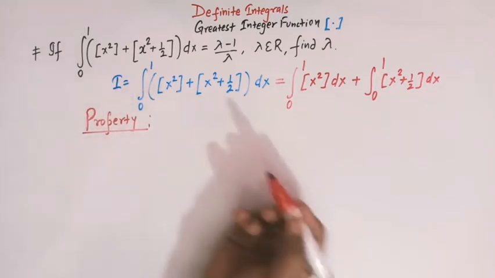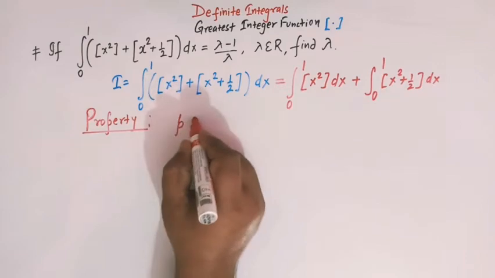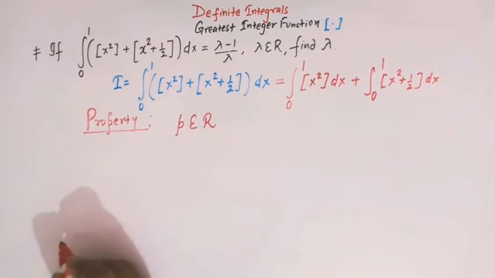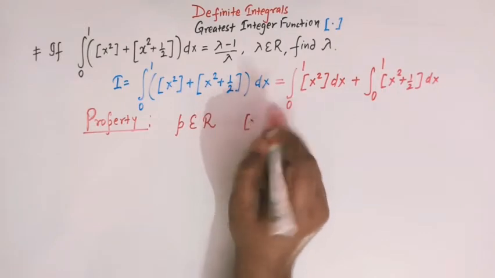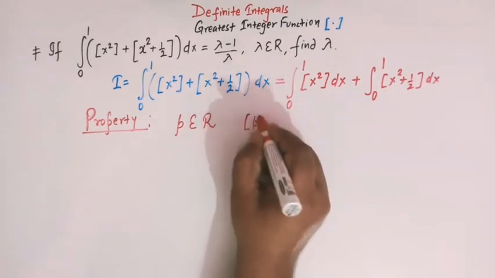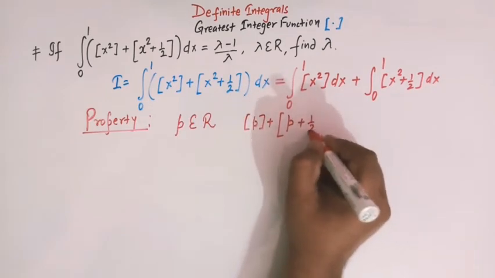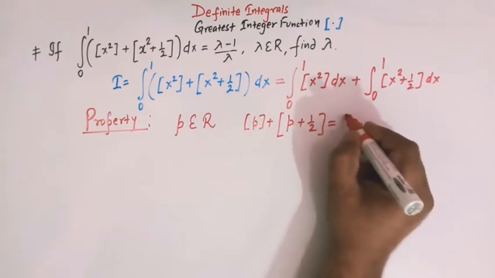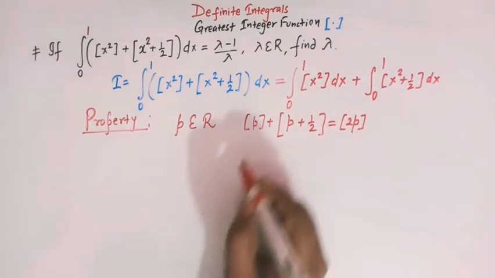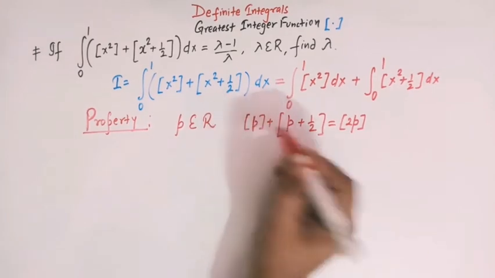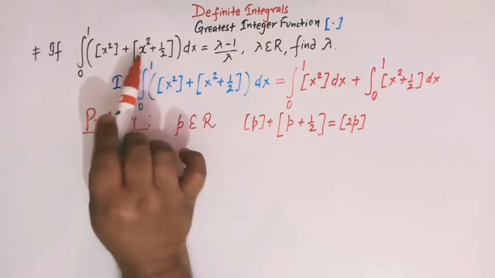If we have any real number, say p, p belongs to the set of real numbers, then the greatest integer of p plus greatest integer of p plus half is equal to the greatest integer of 2 times of p. So this is the property which we are going to use to evaluate this integral.